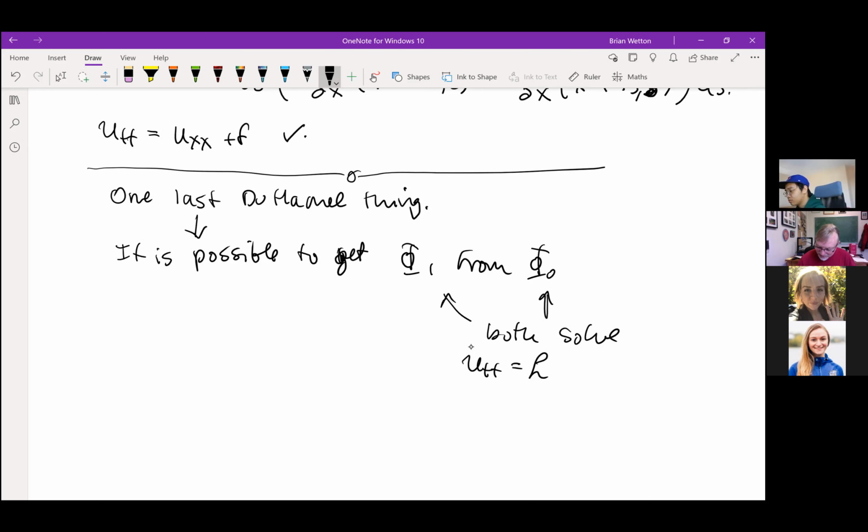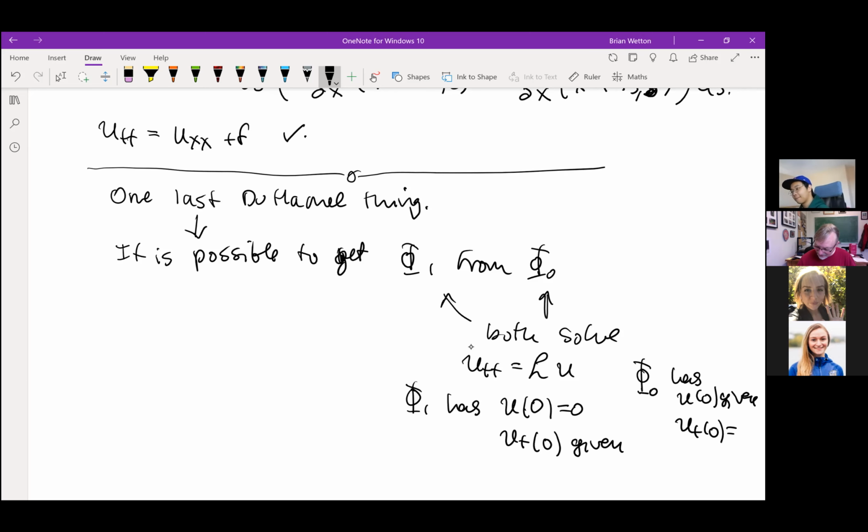Let me do it in the abstract setting, right? Phi1 has U at time 0 equals 0 and UT at time 0 given. And the other one has U at 0 given and UT at time 0 equal 0.